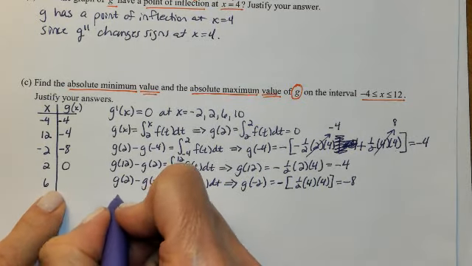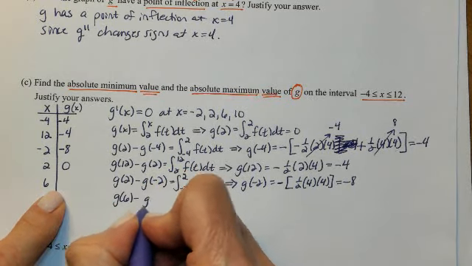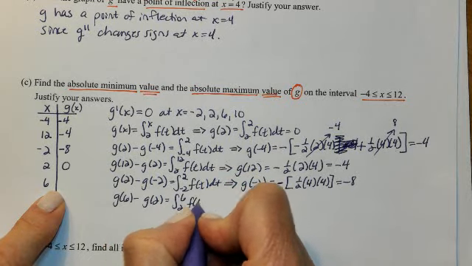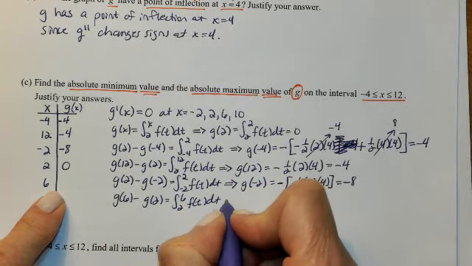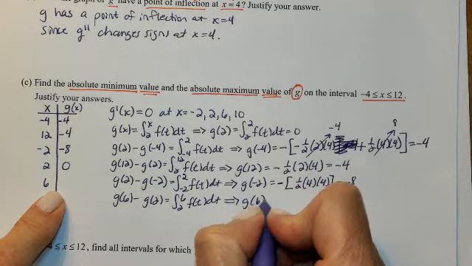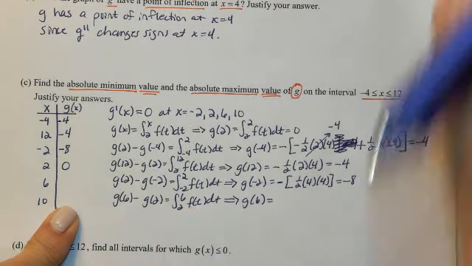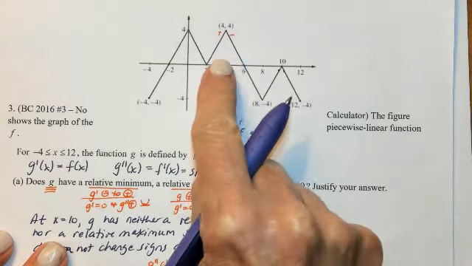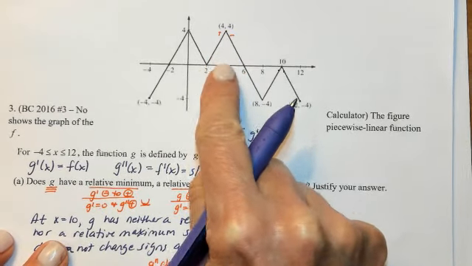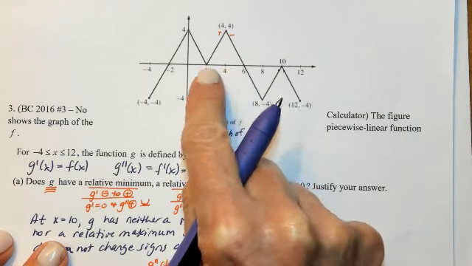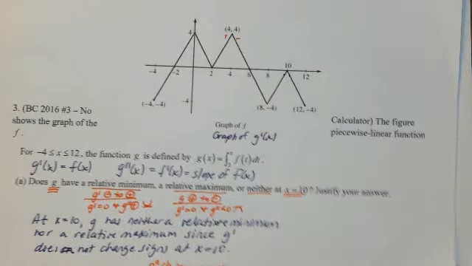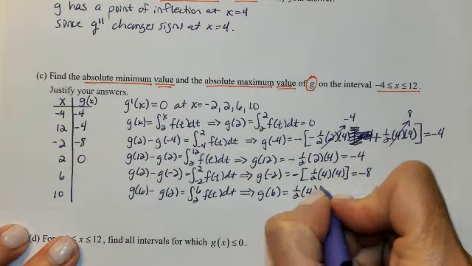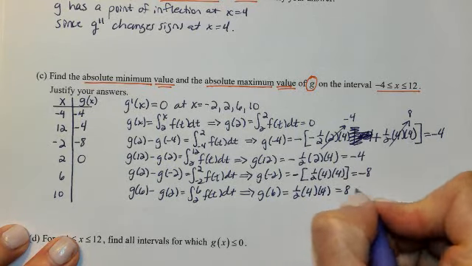Time to find 6. G of 6 minus G of 2 is the integral from 2 to 6 of f of t dt. So 2 to 6 is right here. That is just 1/2 times 4 times 4, which is 8.